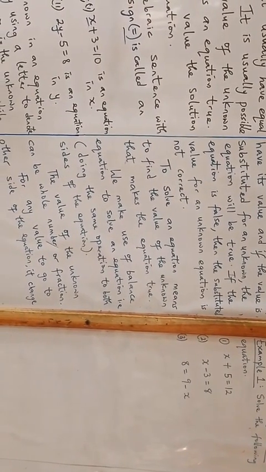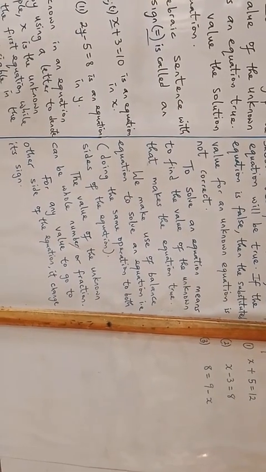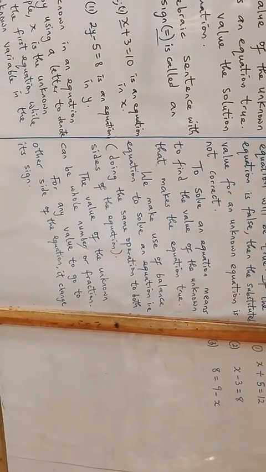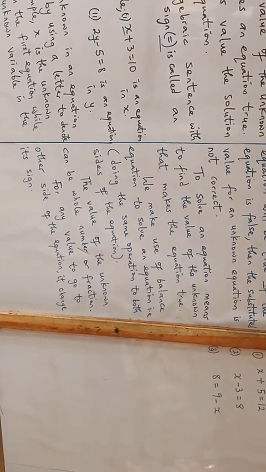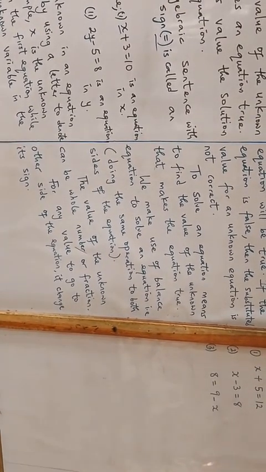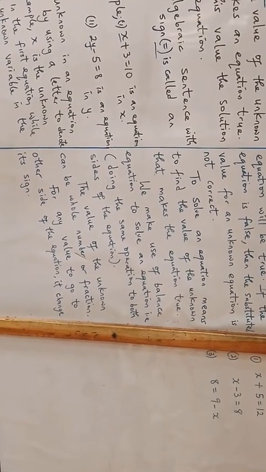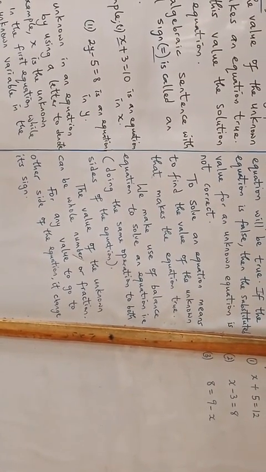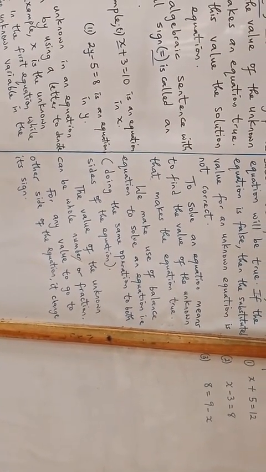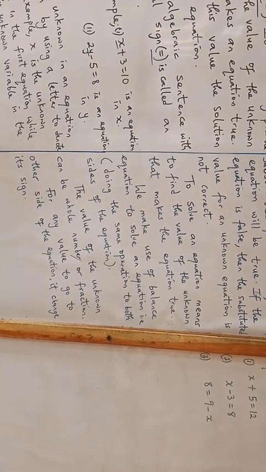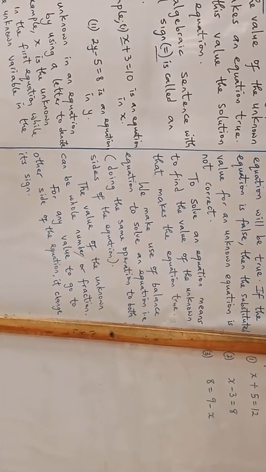We make use of the balancing method to solve an equation. The value of the unknown variable can be a whole number, it can be a fraction, and we can also leave our answer in decimal form. But it's always advisable to leave our answers in fraction or whole number.